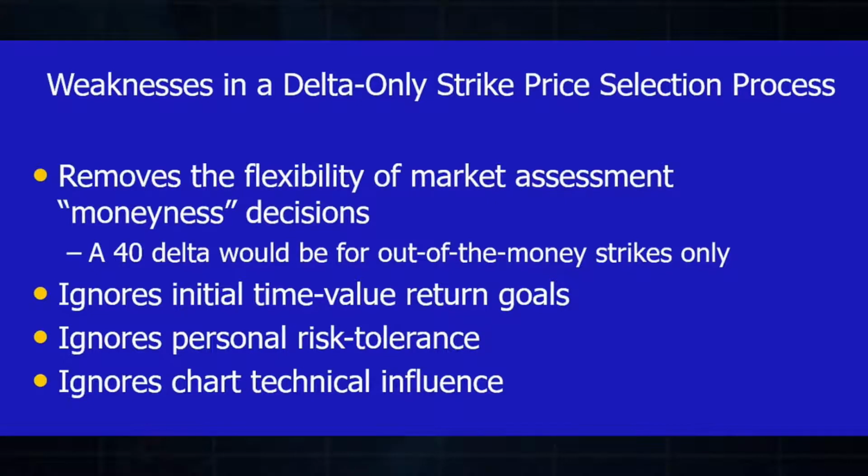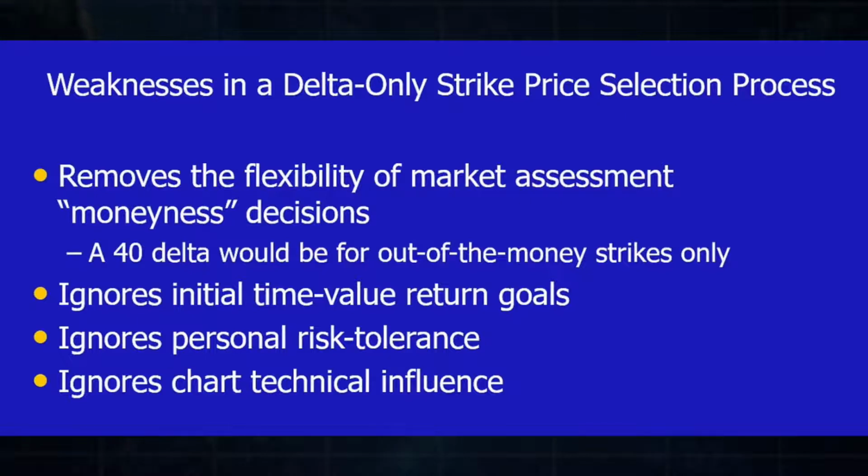If you're bearish on the market, you're going to want to go deeper in the money so you have the intrinsic value component of the option giving you additional protection to the downside. By using a delta only of 40 in this particular case, you're really taking away that flexibility. One size fits all here. I don't agree with that.